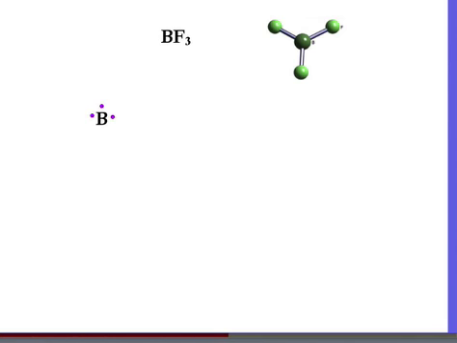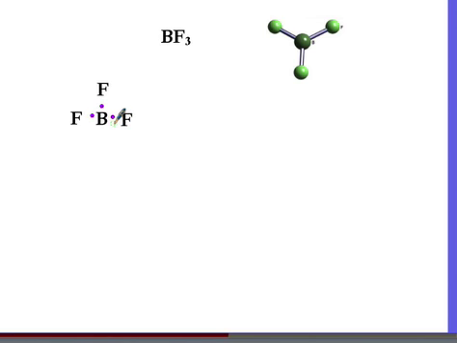Fluorine is a halogen, meaning that it's in group 17. So each fluorine wants 1 electron. So we'll go ahead and position the 3 fluorines around the boron and draw in the electrons for fluorine.